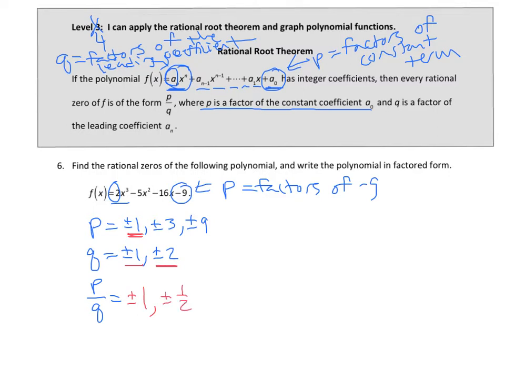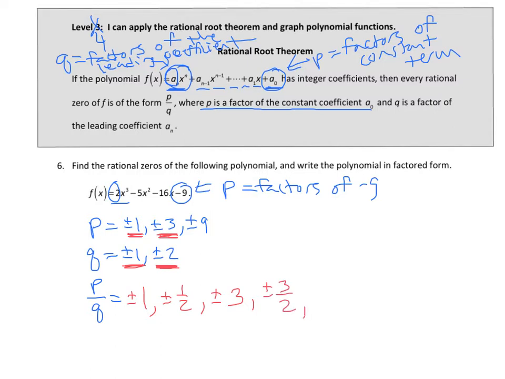Next I would do plus or minus 3 over plus or minus 1, which gives us plus or minus 3. Then plus or minus 3 over plus or minus 2, and we get plus or minus 3 over 2.